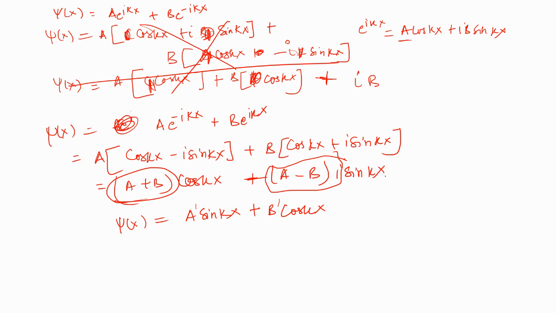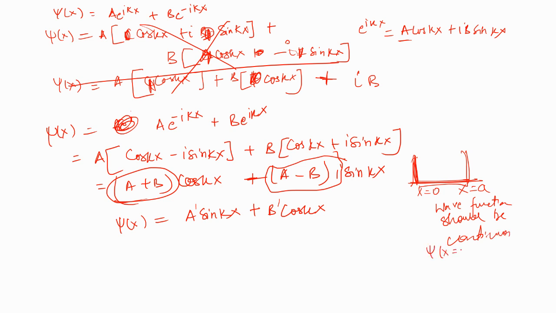Now we'll apply the boundary conditions for a particle in a 1D square well potential. In the boundaries, x is equal to 0 and x is equal to a, the wave function should be continuous, right? So psi at x equals 0 is equal to psi at x equals a. This is the boundary condition.